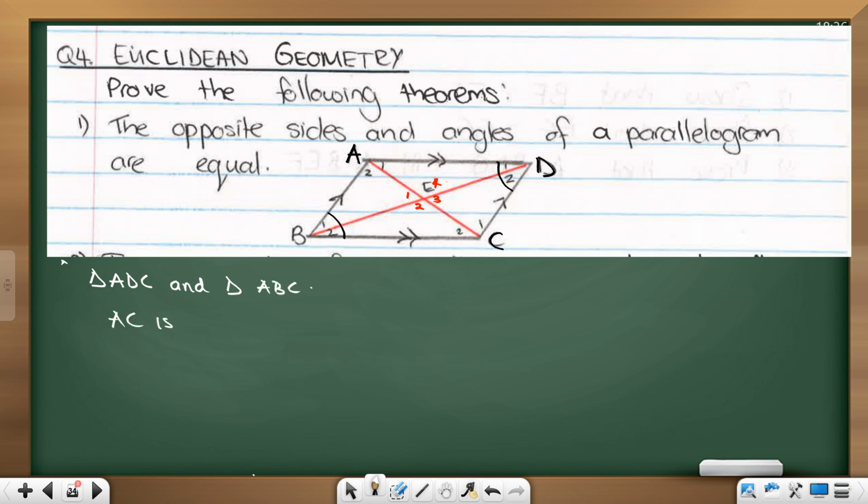First, ACE parallelogram. We are given that these two sides are what?